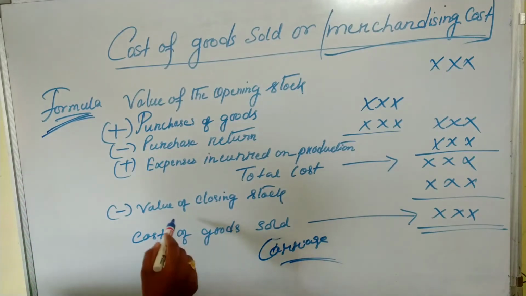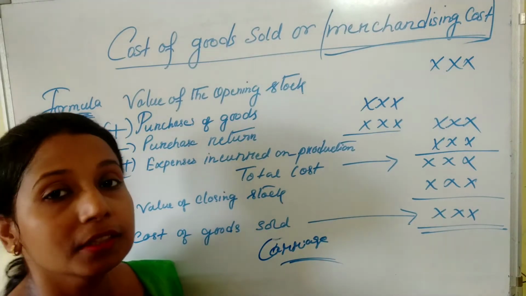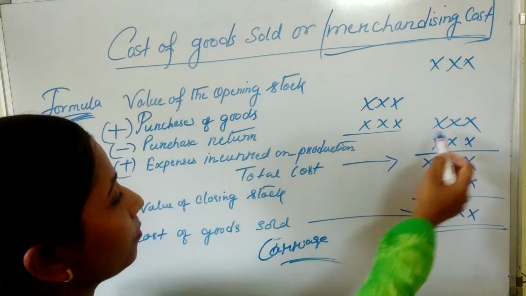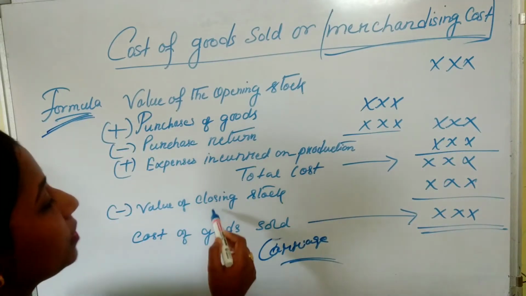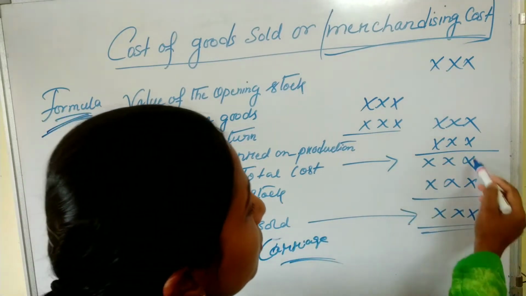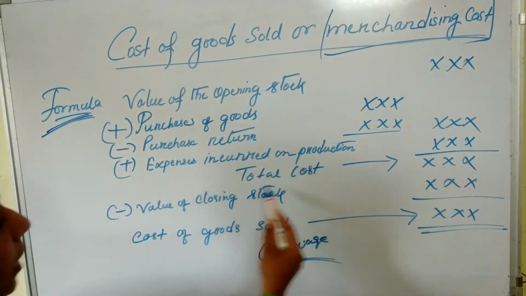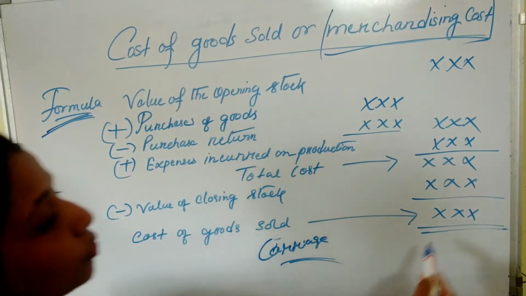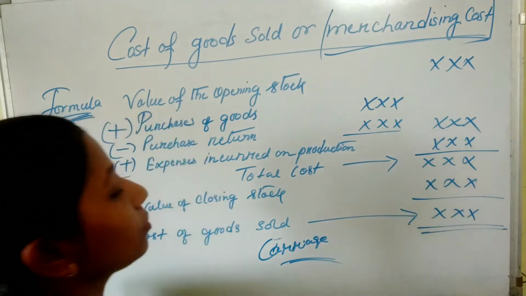From total cost, the value of closing stock will be deducted. After deducting the value of closing stock, the amount so received will be the cost of goods sold.